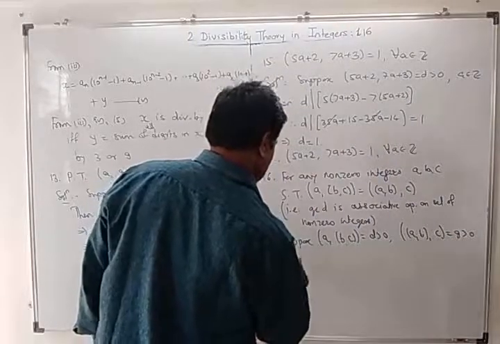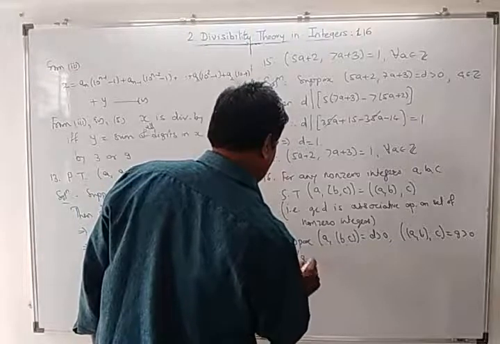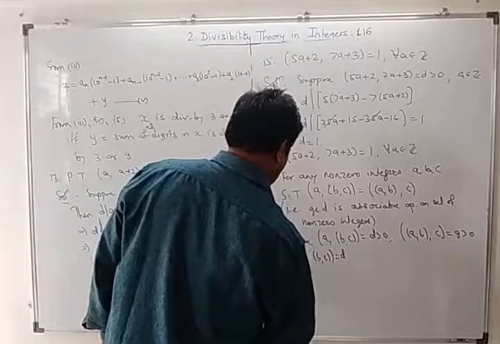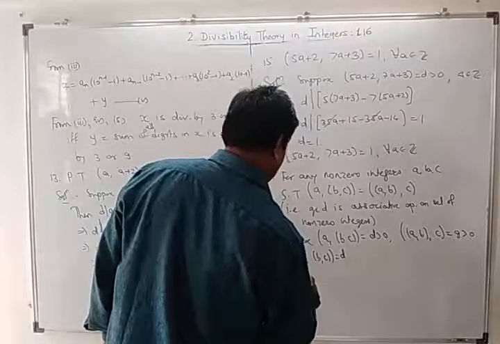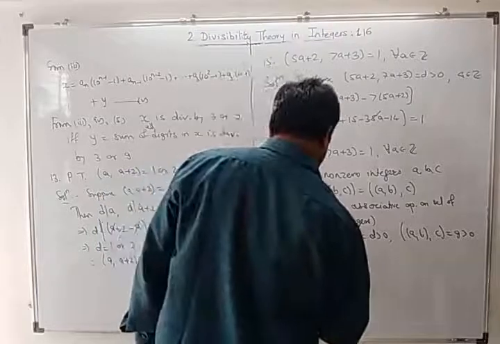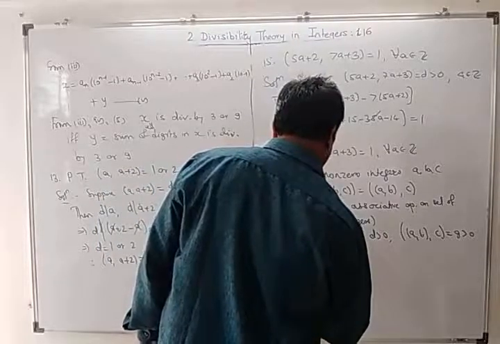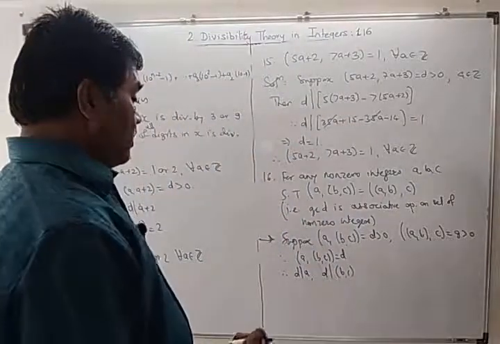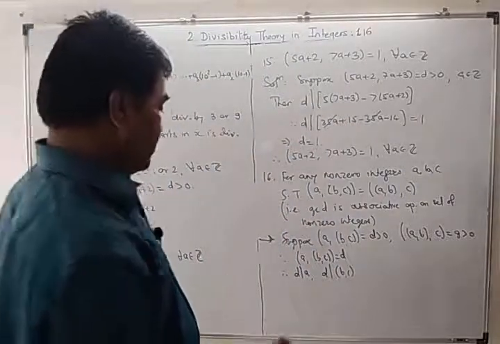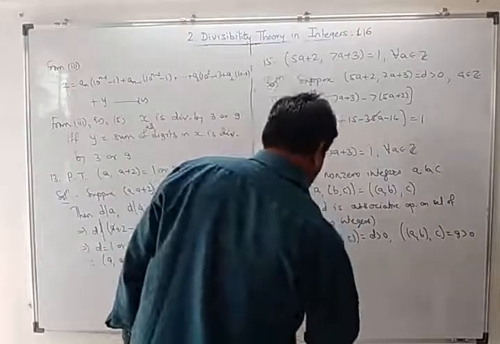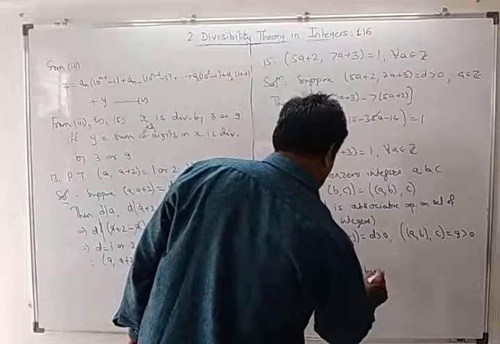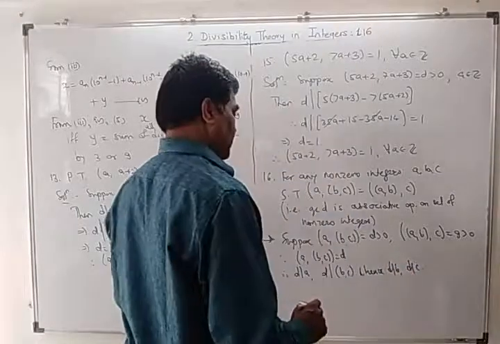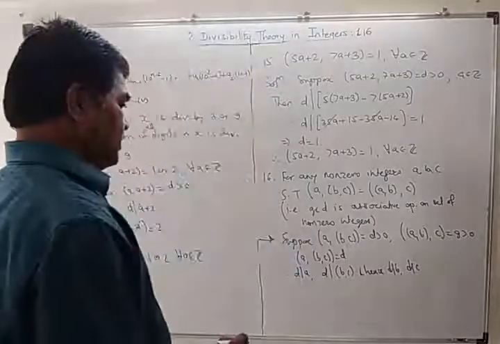Now since the GCD of a and GCD of b, c is equal to d, d divides a, and d also divides the GCD of b and c, and hence d divides b and d divides c.